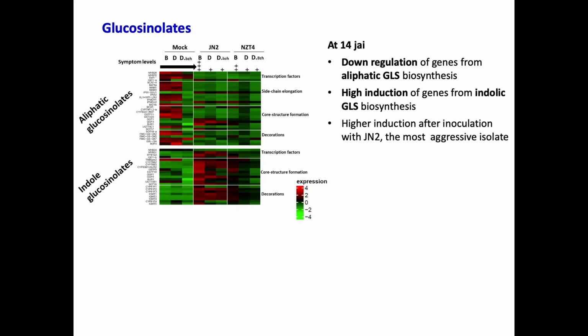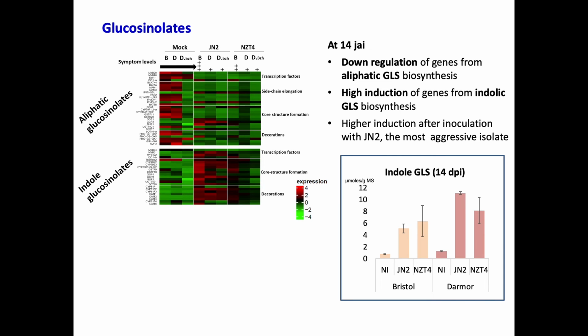We found that most genes involved in the aliphatic glucosinolate pathway were downregulated, and most genes involved in the indolic glucosinolate pathway were induced from 14 days post-inoculation. Again, we saw a higher induction of indole glucosinolate genes with the most aggressive isolate, GN2.